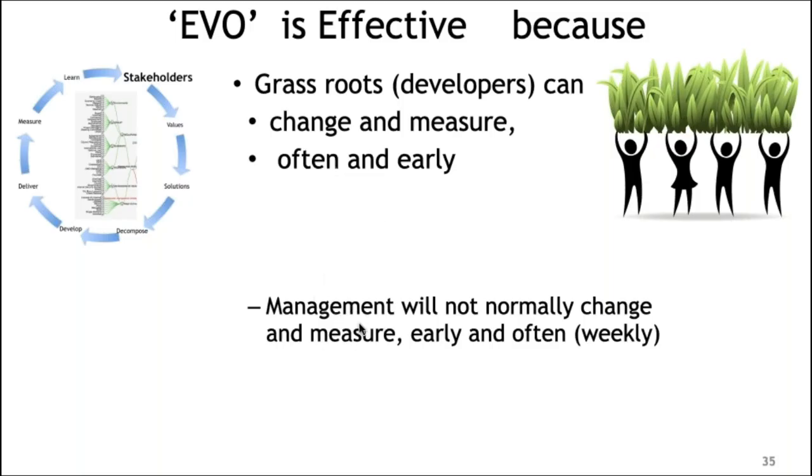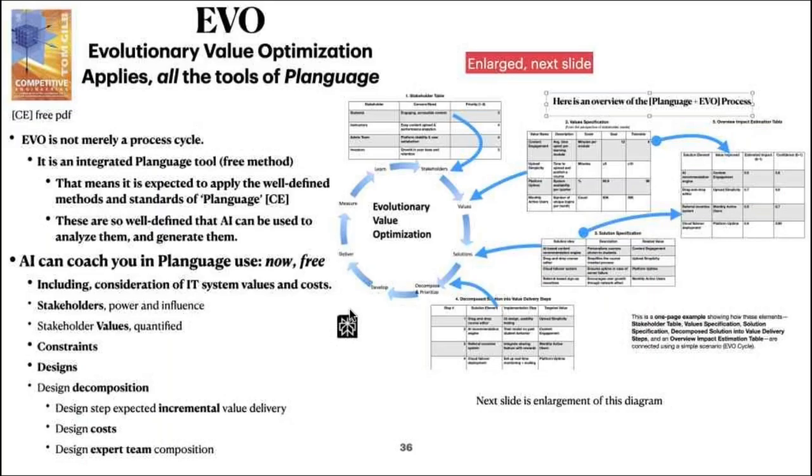Management doesn't get involved in this, and the 5-year projects from the large consultancy organizations don't really get involved in it. Okay. EVO is not merely a development process, but it makes use of my planning language, which is in this free book, Competitive Engineering. That's the standard for it.